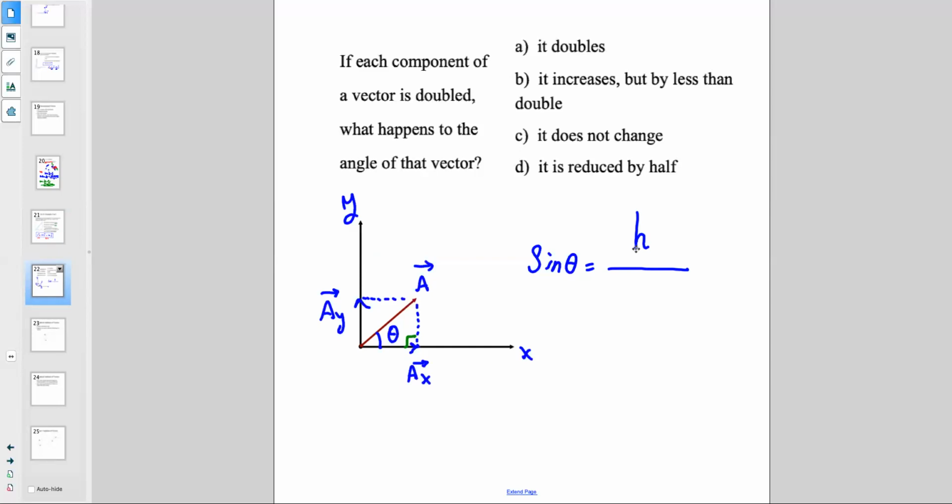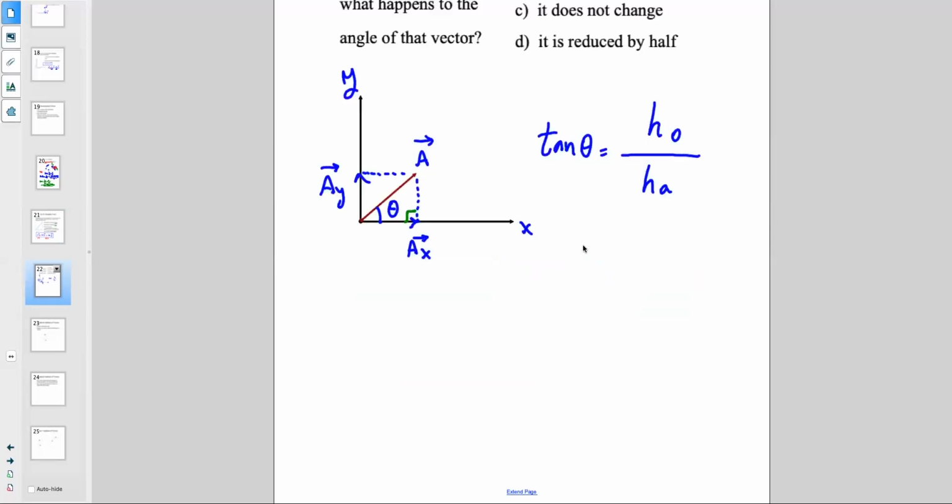Let's actually write down the tangent of it. That's much more useful. So the tan of theta is opposite over adjacent.